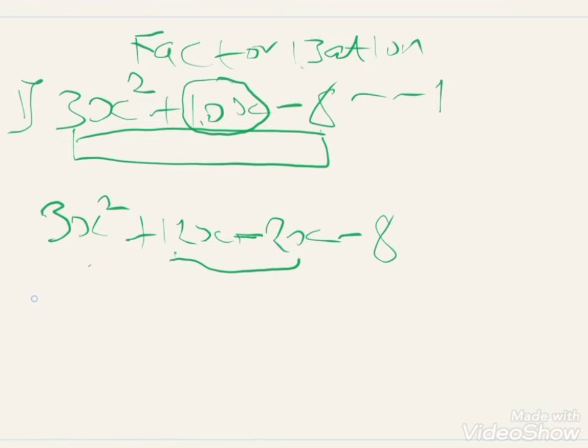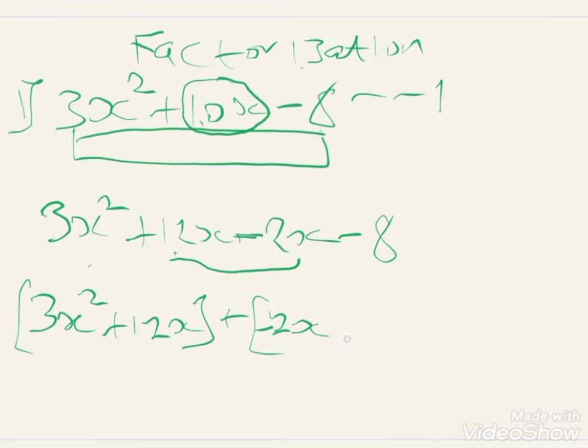I will have 3x squared plus 12x, I close in a bracket, plus, I open another bracket. Due to this minus sign, I have to put plus in the middle here, to have minus 2x minus 8. I close the bracket.